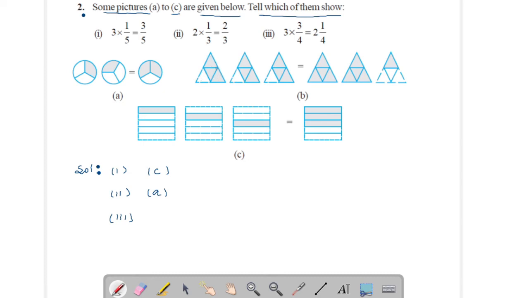It is divided into 4 equal parts and 3 parts are shaded. In fraction we can write it as 3 upon 4. And there are 3 triangles, that is it is multiplied 3 times. You will get 2 1 upon 4. The answer for third part is B part.